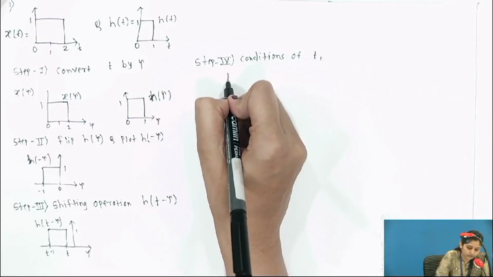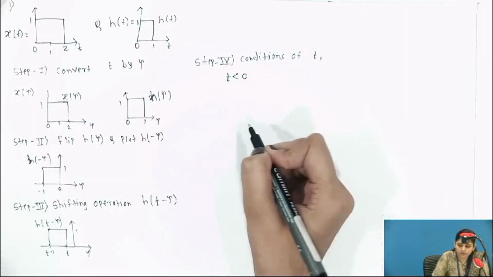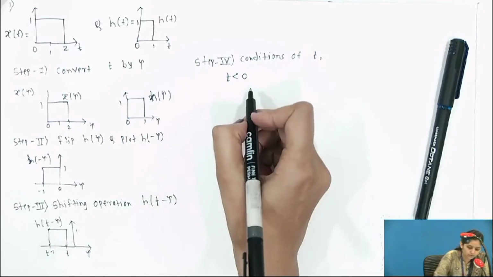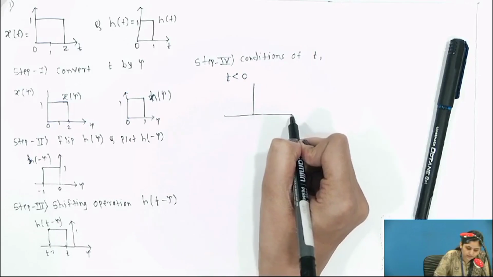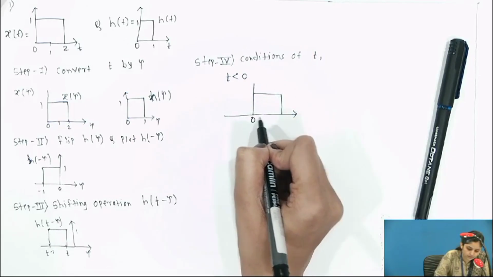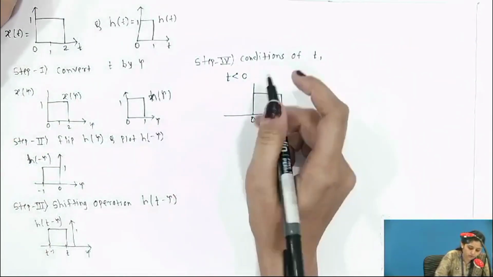First, when t is less than 0, we have to see what happens to our h of tau and x of tau. When t is less than 0, x of tau is as it is, in between 0, 1, 2. But what happened to h of tau here?